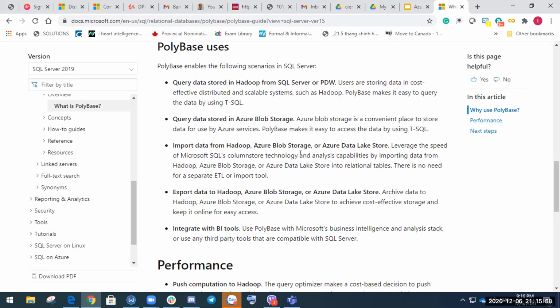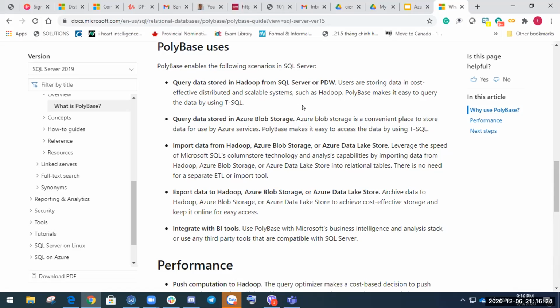Hadoop is an umbrella term. You can talk about the Hortonworks technology, you can talk about Hadoop as the whole structure for big data, or you can talk about HDFS, which is the Hadoop file storage system. So it's really an umbrella term, and here we are talking about any of these.